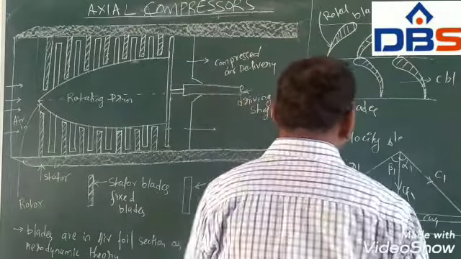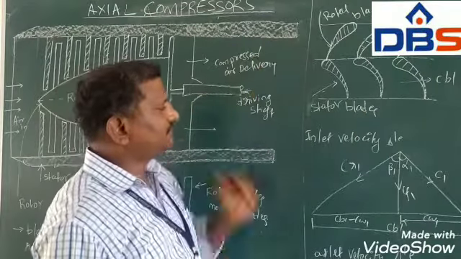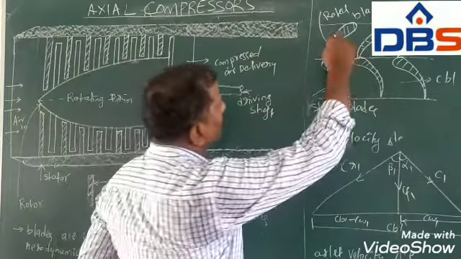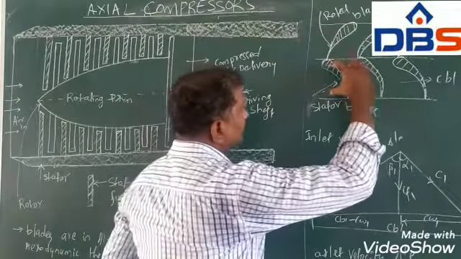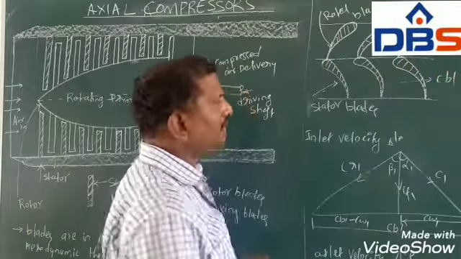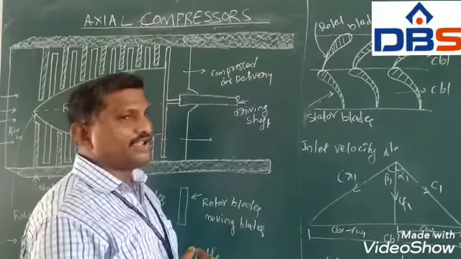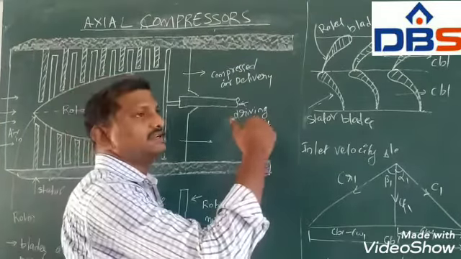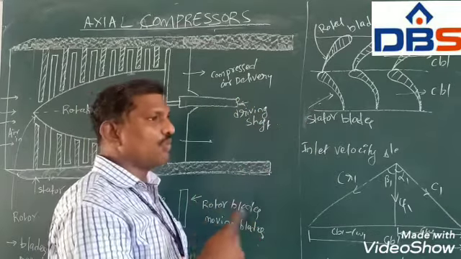Here we can observe the moving blade structure and fixed blade structure. This is the row of rotor blades or moving blades. This is the row of stator blades or fixed blades. A combination of rotor blades and stator blades is called one stage.